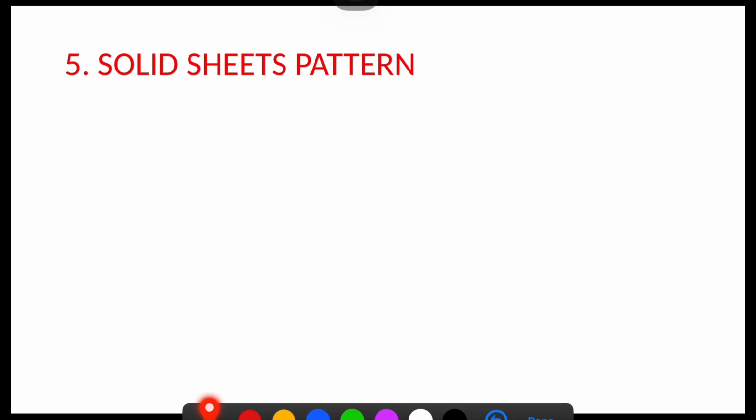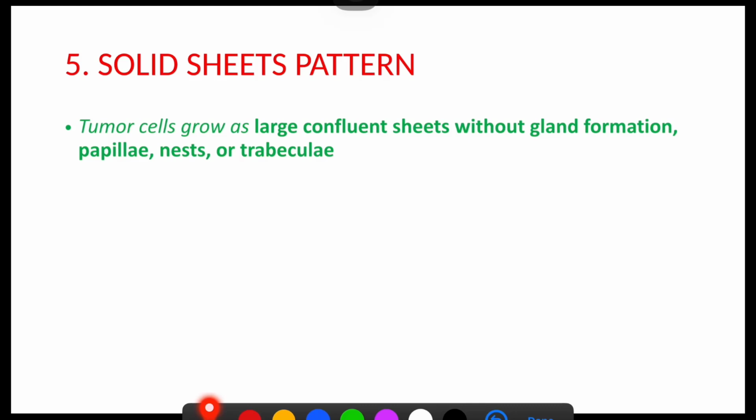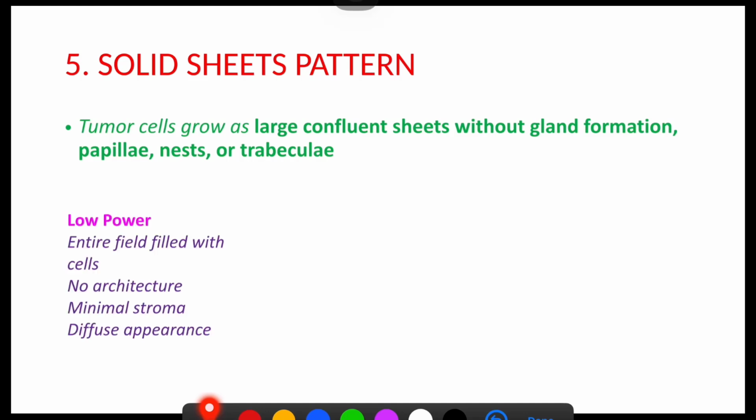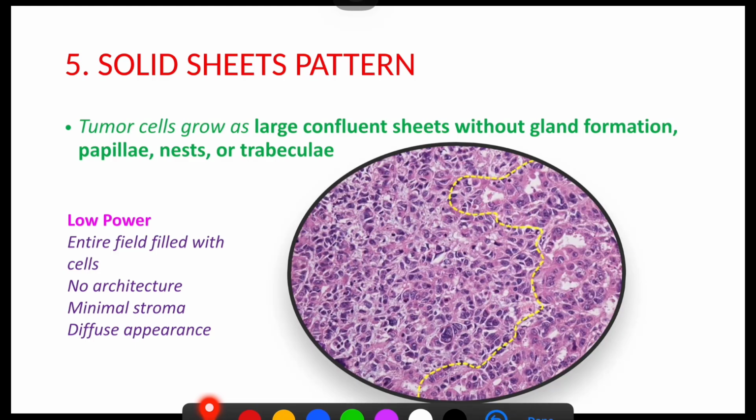Now fifth pattern, solid sheets pattern. As the name suggests, solid means large confluent sheets without gland formation, without papillae or nests or trabeculae. So in low power view, you will see entire field filled with the cells, no architecture, minimal stroma and diffuse appearance.